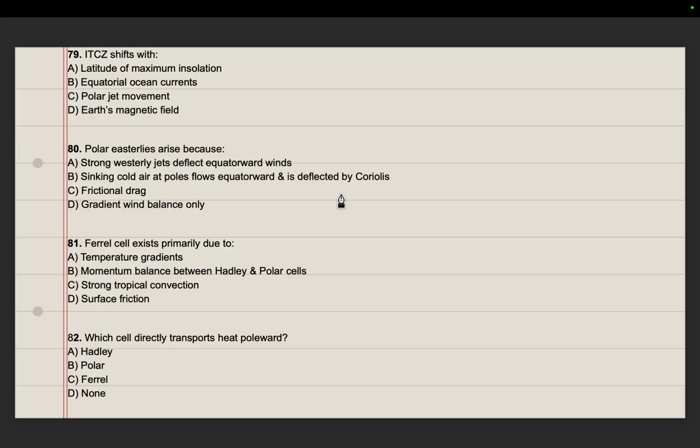Latitude of maximum insolation, equatorial ocean current, polar jet movement, or Earth's magnetic field. Option C. Question 79, option A is correct. Latitude of maximum insolation, okay.